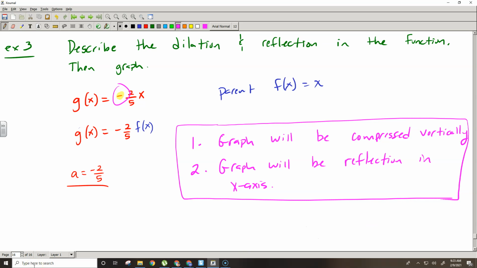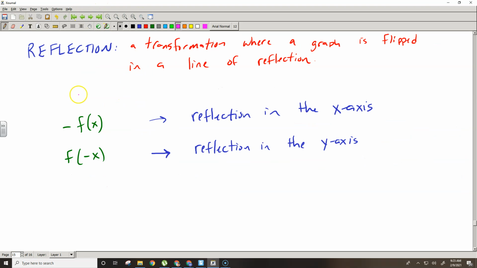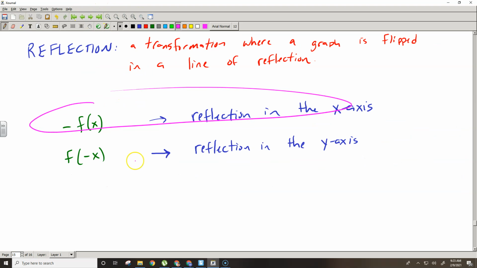Okay, so if we're following those rules and we talk about the dilations that can happen, these two things I would put, right? We're going to have a graph that's compressed vertically because the a value is negative 2/5. Right? And then since the a value is negative, we can think of a reflection in the x-axis because we're going to follow this rule that we have here.